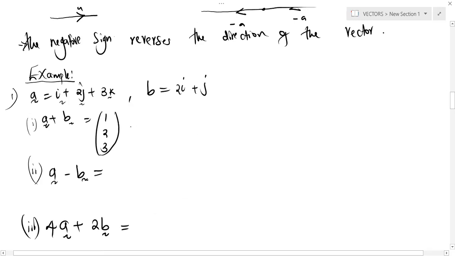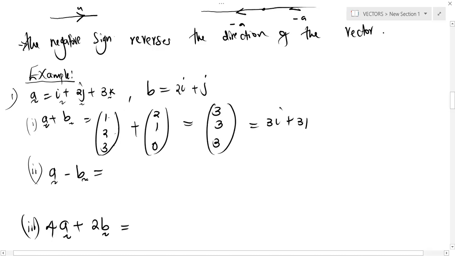These are vectors in 3D, plus this is 2, 1. This position is not there, so I can just write 0. You add this to this, and this to this. That's how you go about it. So this is 3, this is 3, this is 3. So this is basically the same as 3i plus 3j plus 3k.